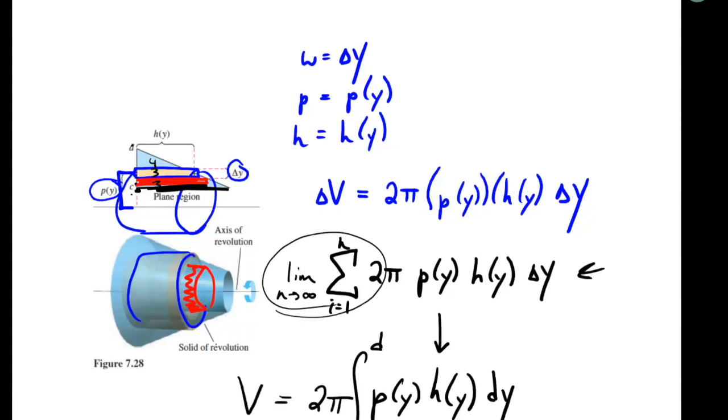And so you have how to find a volume with the shell method. P, again, being the radius from your axis of revolution, and h being the difference between your functions on the right and on the left. And in some ways, this turns out a little bit easier sometimes. Not all the time, but sometimes.